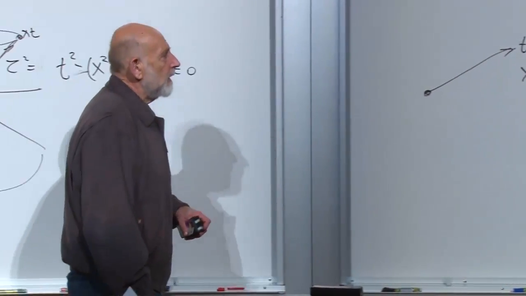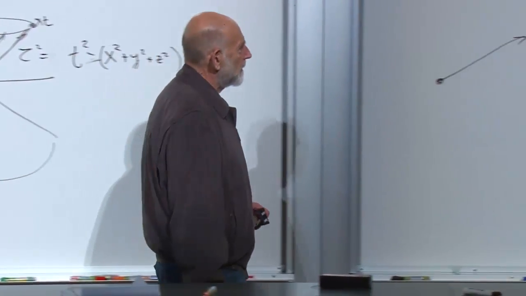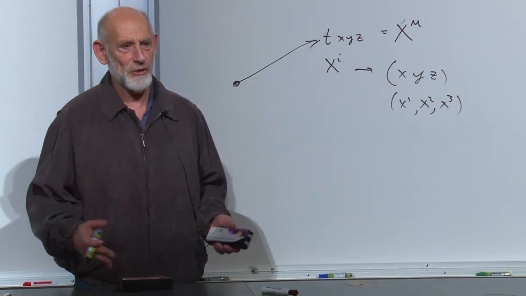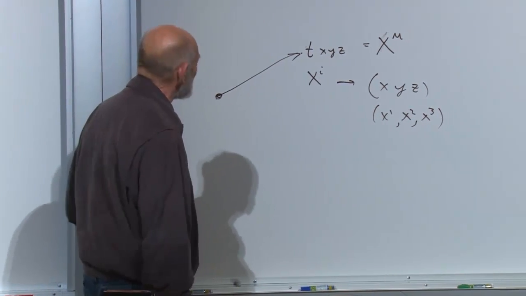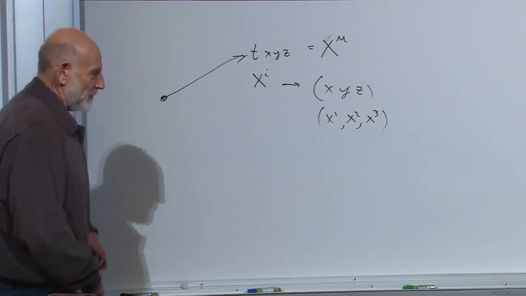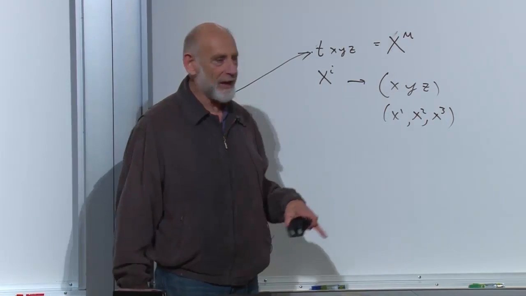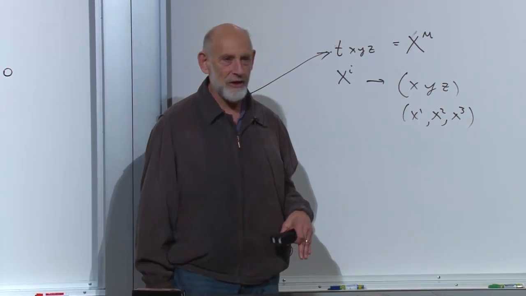X mu. And what does mu run over? What are the values of mu? Well, why did you say 0? Because everybody says 0. Did you hear me say it? I didn't know I said it. Okay. For whatever reason, historically, t was not considered the first coordinate. X was considered the first coordinate, y the second and z the third.